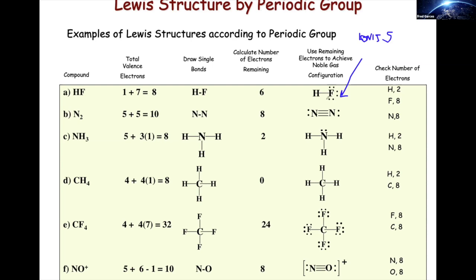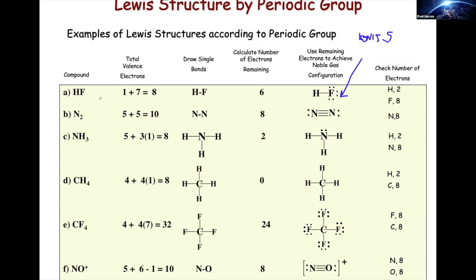And we always represent a pair of electrons between 2 atoms as a bond, and it represents 2 electrons. So each of these represents 2 electrons, for a total of 2, 4, 6 electrons. Okay, so that's what we're doing.